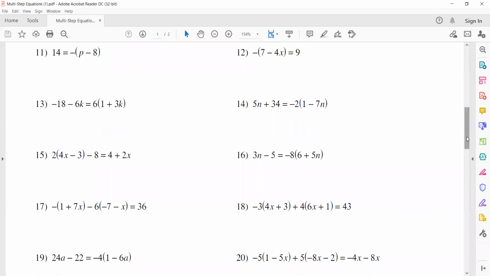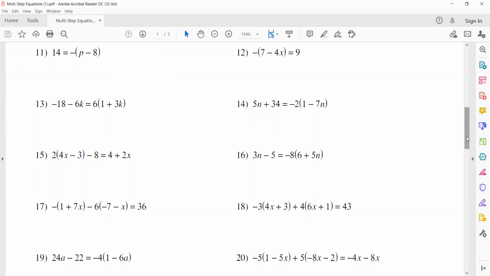Distribute that 2 times each term that's on the inside. 2 times 4x is 8x. 2 times -3 is -6. Bring everything else down. The process isn't going to change. You're just going to end up doing the same thing over and over again. We simplified this. That's really the first step.